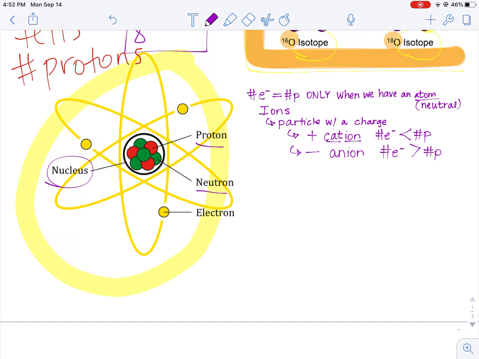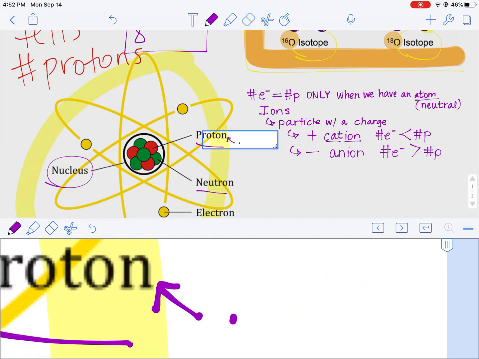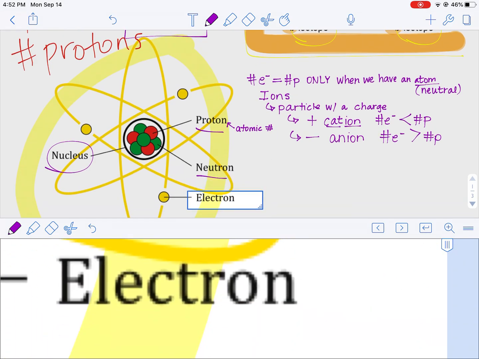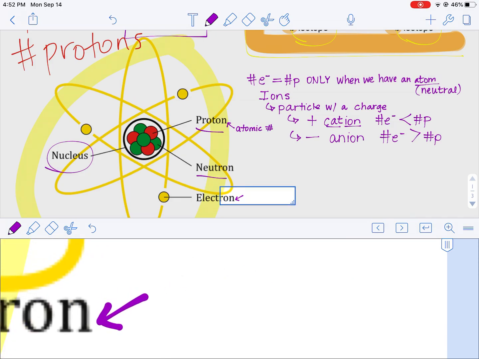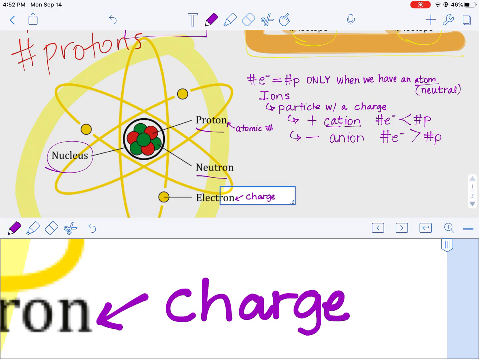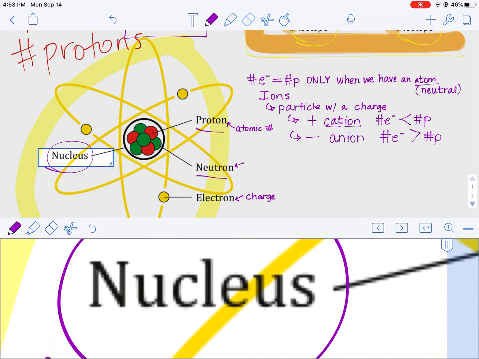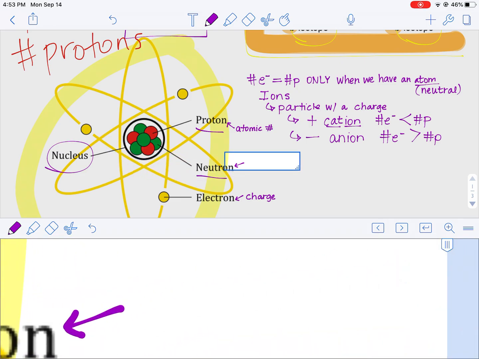Well, I already know that I'm going to recognize the number of protons by looking at the atomic number. I know that I'm going to be able to tell how many electrons are in the cloud based upon the charge. So we must be able to only find the neutrons by looking at the nucleus, which is the most massive region.